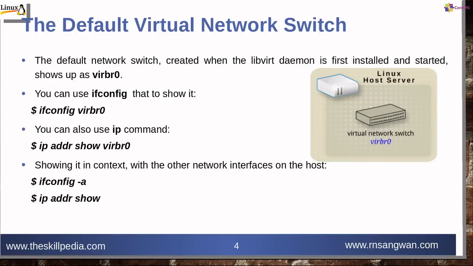So if we try ifconfig virbr0, we can see the switch, or we can also use ip address show virbr0, or simply ifconfig -a or ip address show. A lot of options: ifconfig bridge name, or ip address show bridge name, or ip address show, or simply ip space a. Let's take a look and see these commands.